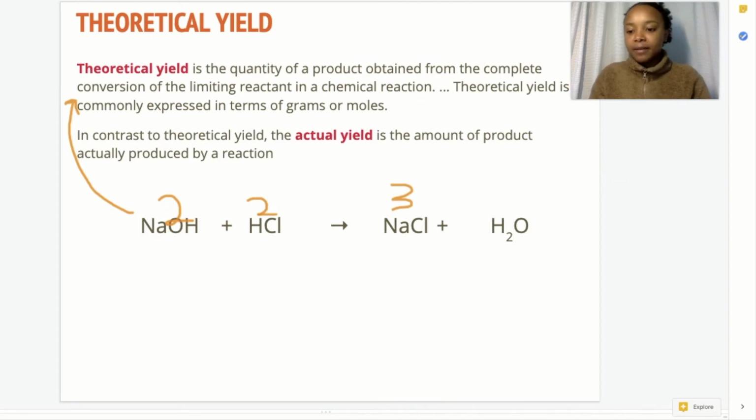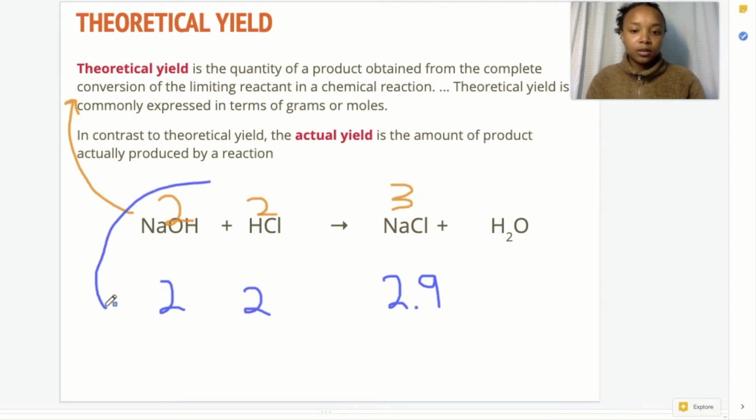So let's put that in blue. So in Ayana's experiment, she got 2.9 moles by mixing 2 and 2. So this would be her actual yield. This is what actually happened.